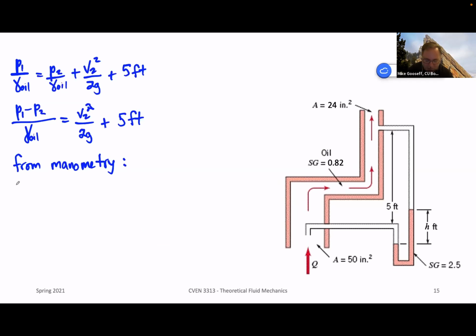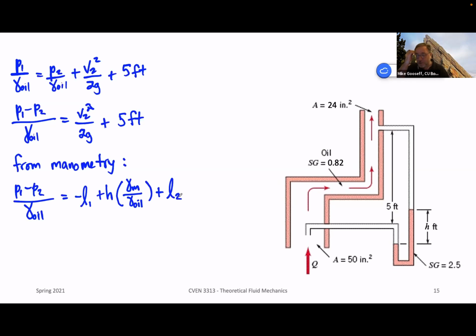So now I have P1 minus P2 over gamma oil is equal to basically minus L1 plus H times the manometer specific weight divided by the specific weight of oil, and then plus L2.